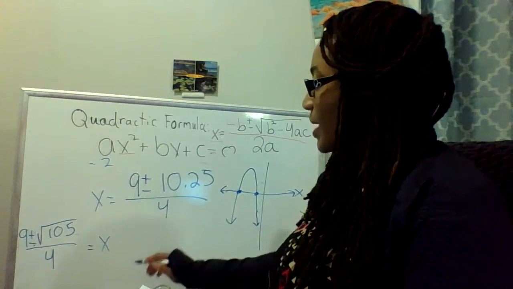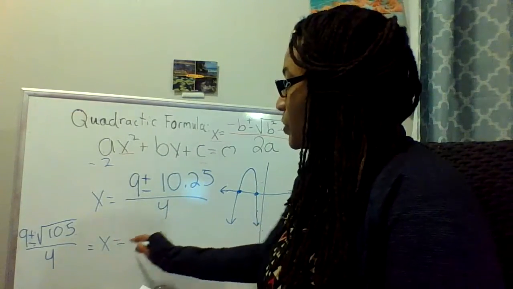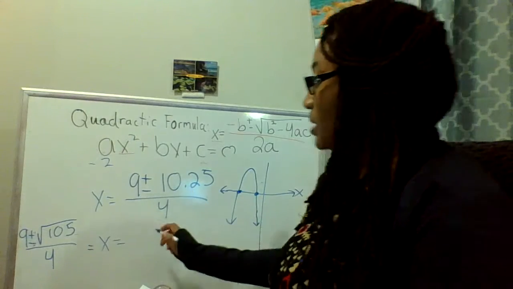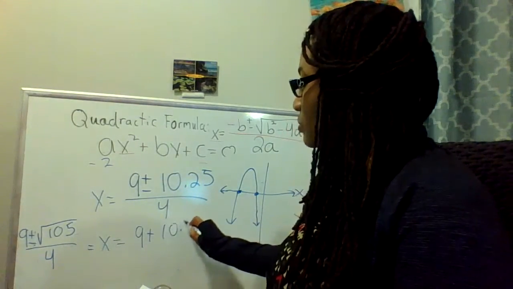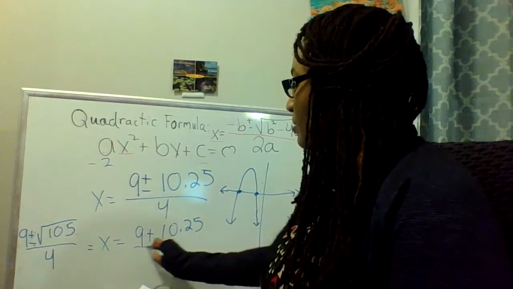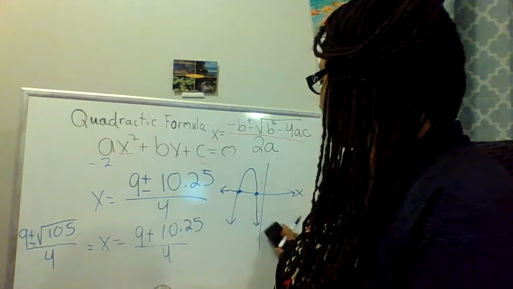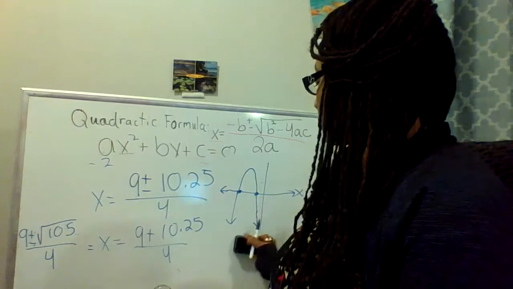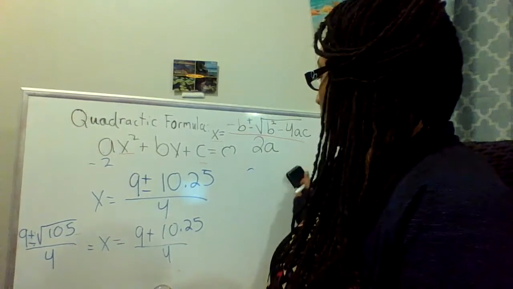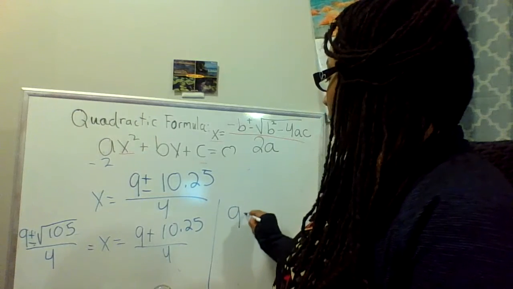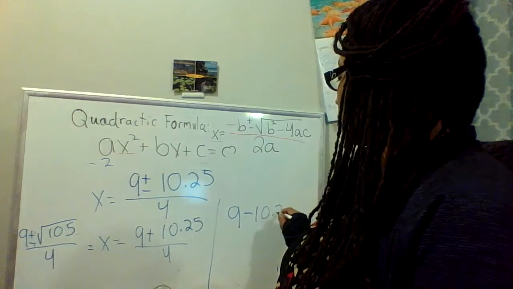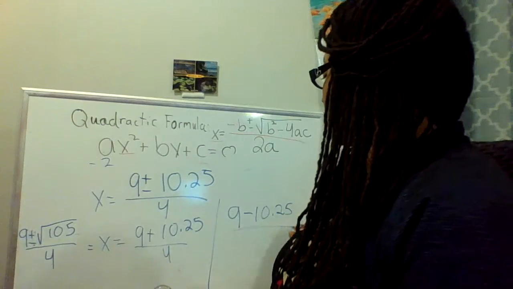All right, so let's go ahead and solve this a little bit more. So now I have 9 plus, so I'm going to have two problems. 9 plus 10.25 divided by 4. Okay. And then I'm going to have 9 minus 10.25 divided by 4.